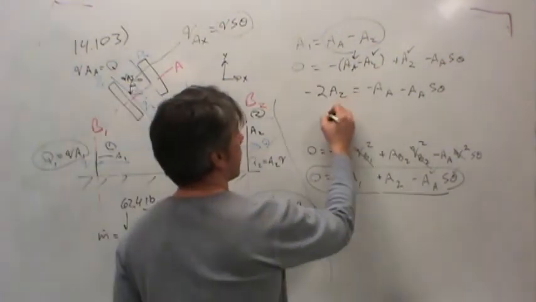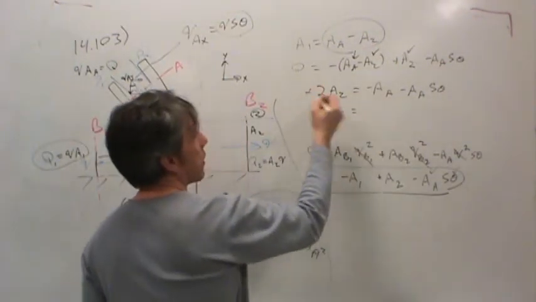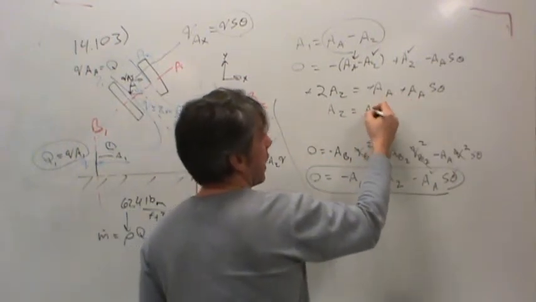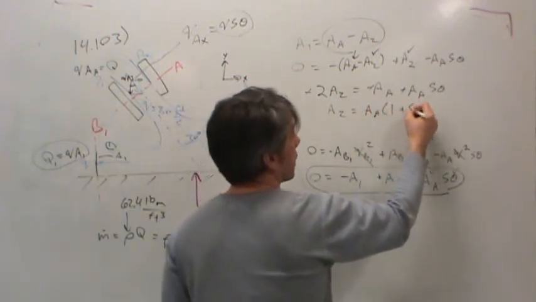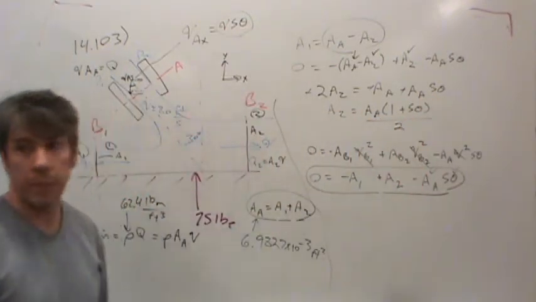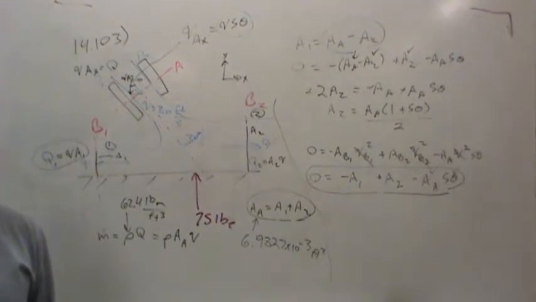Well, what that means is A2, notice the negative signs will all cancel, right? Would be equal to, I can factor out an AA, I'd have 1 plus sine theta, and then divided by 2. Okay, so far?